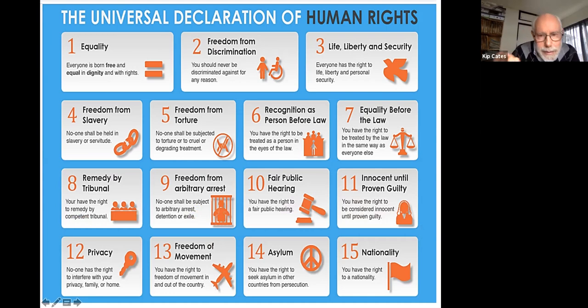We have, in simplified form here, the right to equality, number 1, the right to freedom from discrimination, number 2, life, liberty, number 4, freedom from slavery, 5, freedom from torture. Very basic things. As you browse through these, you can see the kind of basic things, 30 different articles in this Universal Declaration of Human Rights.